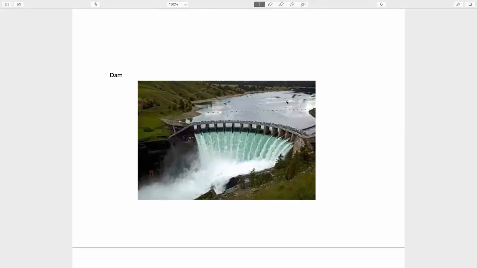The fluid is stored at a higher altitude, so it has high potential energy, and due to that potential energy the fluid flows. This fluid energy can be used as a power source, and that's where the dam is used for the generation of electricity.